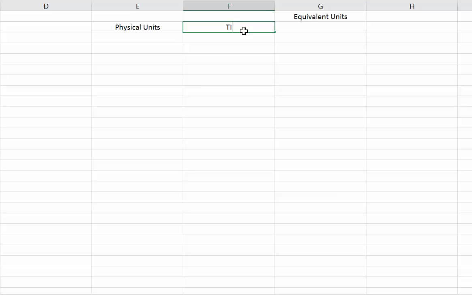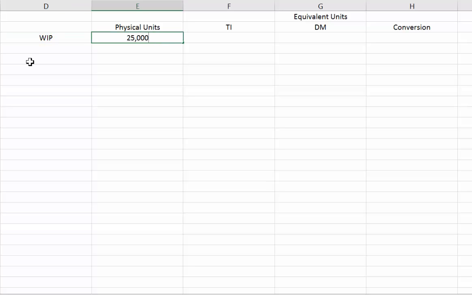Okay, so let me put all the numbers in the center. Then you have TI, which is the same. You have direct materials for packaging. Then you have conversion cost. Then the first step about the physical units is quite straightforward. The WIP beginning inventory, let me put the beginning, so that's what we have.